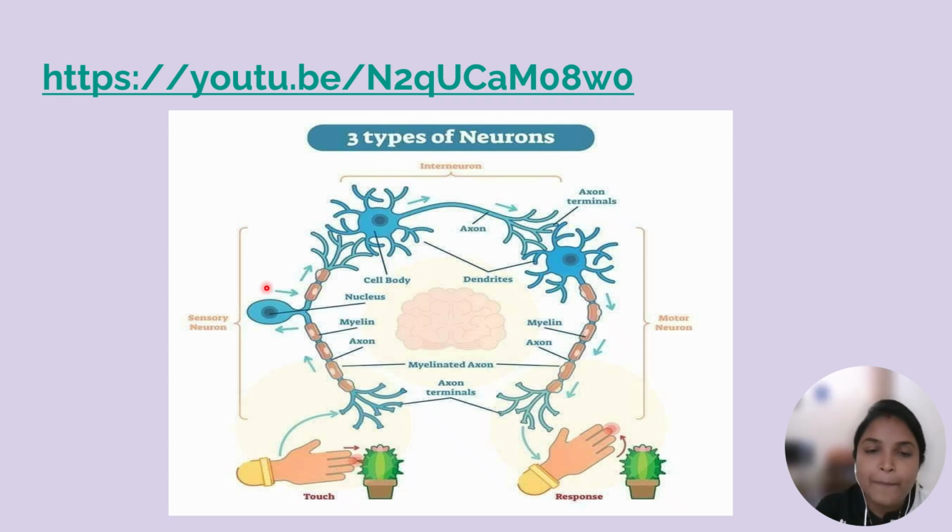As soon as it gets the prick, it sends the message to the sensory neuron, and then the sensory neuron passes the message to the interneuron, and then the interneuron helps in the transduction of the message to the brain and the spinal cord, and then it responds by sending the response back through the motor neuron to withdraw the hand from that particular stimulus. So this is how the three neurons, sensory, interneuron, and motor neuron, work together.